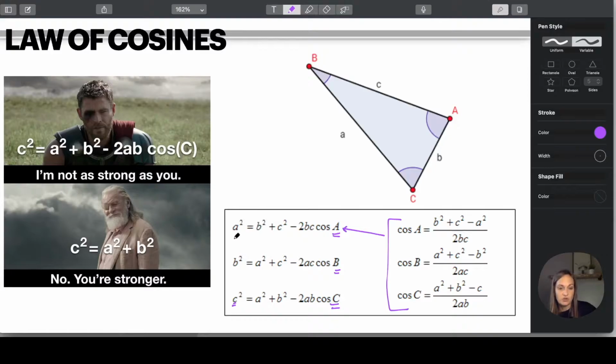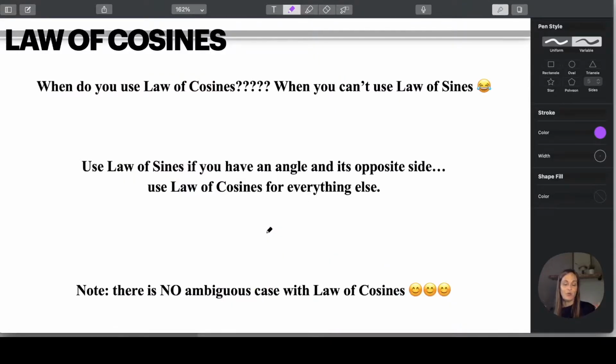If you subtract b squared and subtract c squared and then divide by negative 2bc, that would already get you the cosine of A. That is how you actually find this angle. So you do not necessarily need to know these formulas by heart because you can derive them from the original formulas.